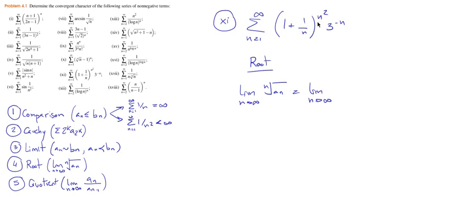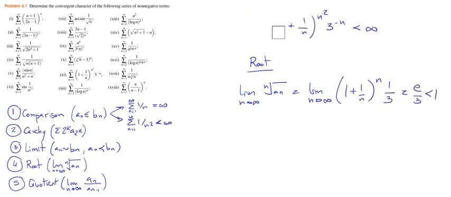The nth root of something to the n squared is just something to the n, and then you have 1 over 3. But the limit of this again is e, so then you have e over 3, which is smaller than 1. So the series again is convergent. Maybe we could try and apply the quotient test here, but you can see that it will get very troublesome very quickly. So I won't try to do it here.